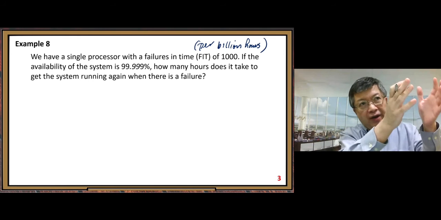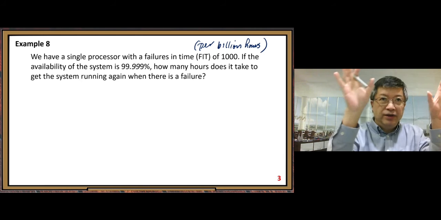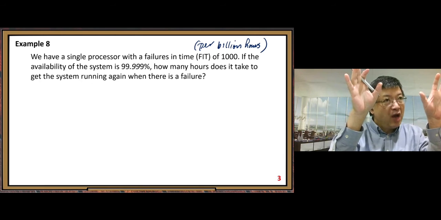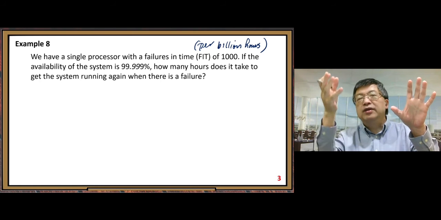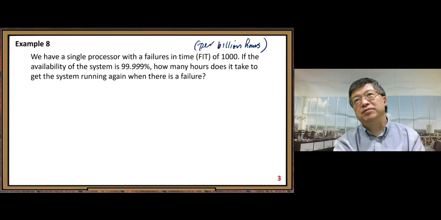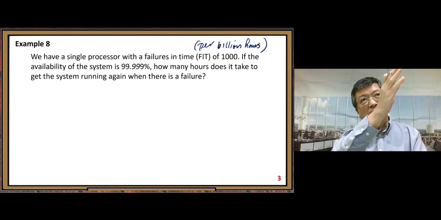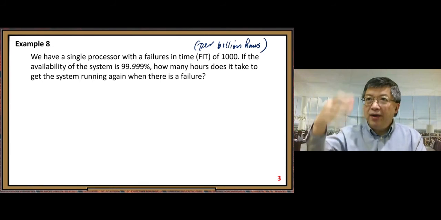So you get a failure, then you need some time to fix it and get it to run again. What's that concept? You have a failure, right? Starting from a failure, then you repair it.